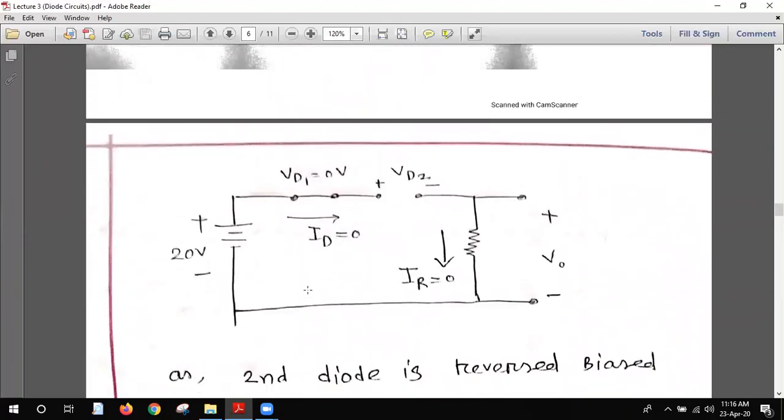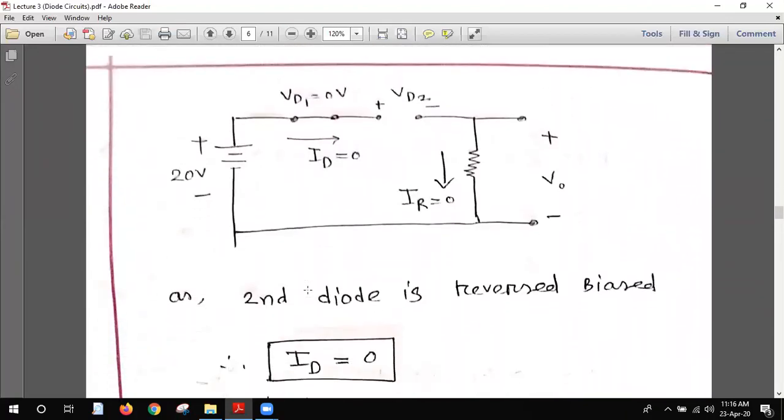Don't get confused. Sir, will the VD1 be 0.7 volt? No, because there is no current flowing from the very beginning. That's why VD1 equals 0, and the whole voltage will be applied as the open circuit voltage across the second diode VD2.